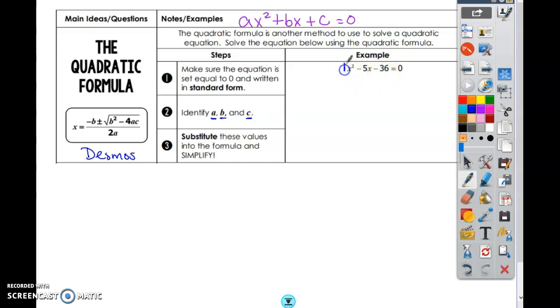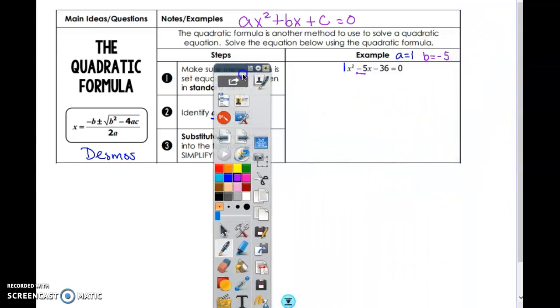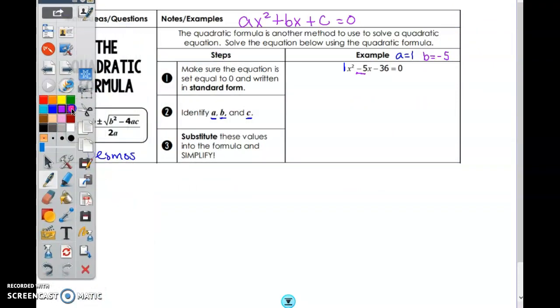My A is a 1, so A equals 1. My B is a negative 5. B equals negative 5. And my C equals negative 36. Okay, does everybody see that? Where I got the A, the B, and the C. A, B, and C. Okay?